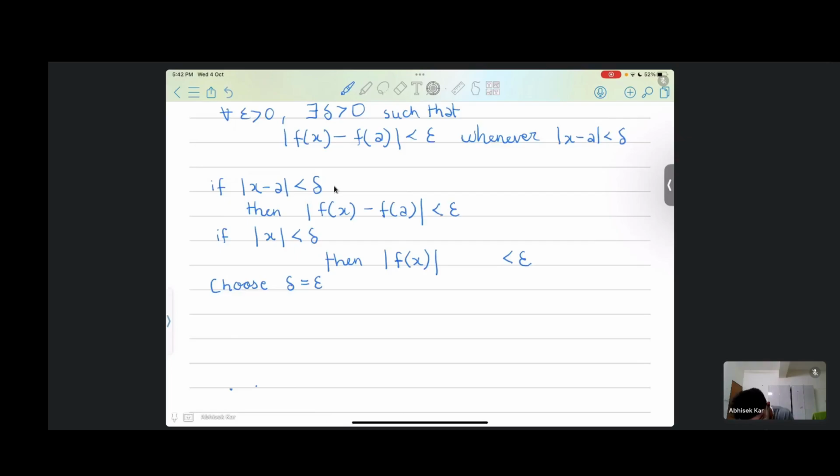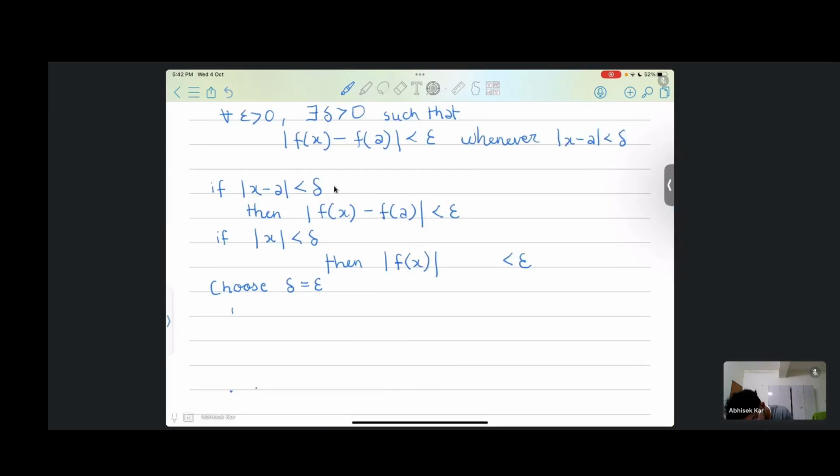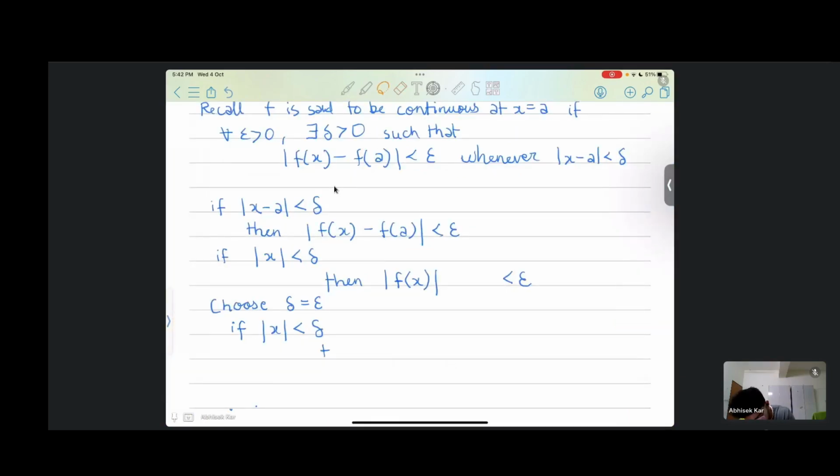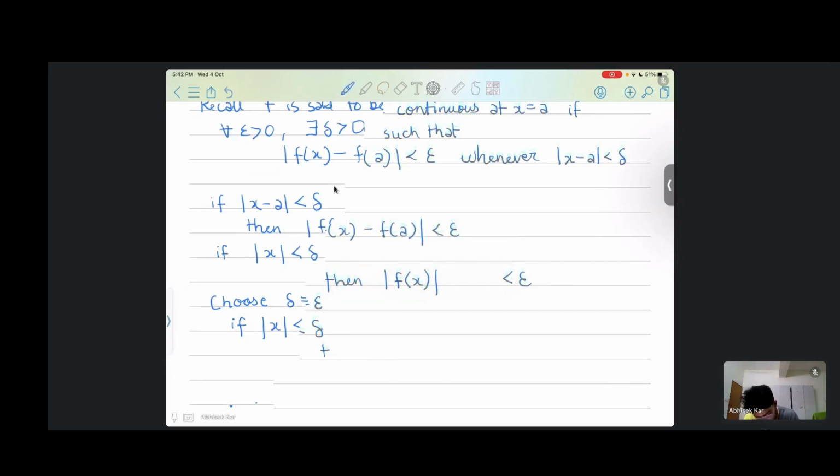Then if mod of x is less than delta, I want to show this thing, right? So I will now use the fact claim 1.